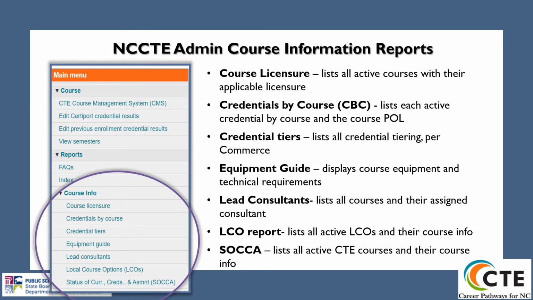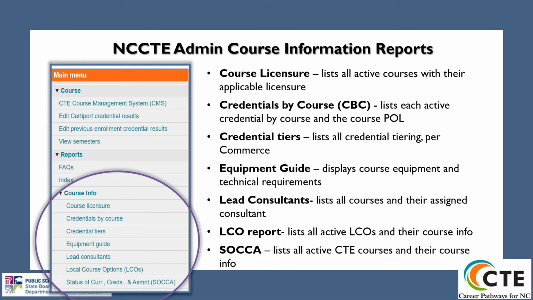Once you're in NCCTE Admin, you have access to these reports from the main menu. The Course Licensure Report, which lists all active courses with their applicable licensure. The Credentials by Course Report, or the CBC, which lists each active credential by course and the course POL. The Credential Tiers Report, which lists all credential tiering per Commerce.